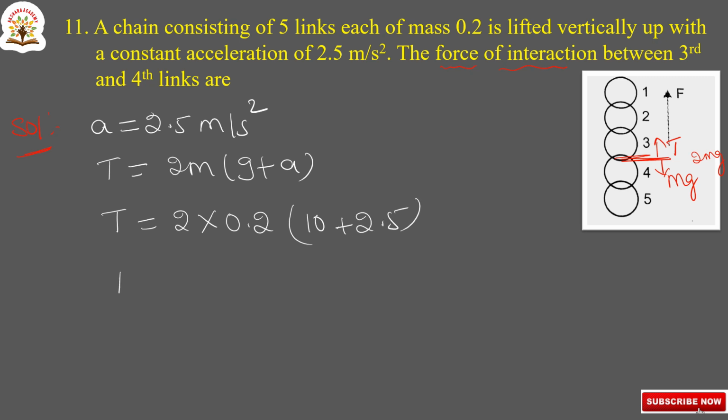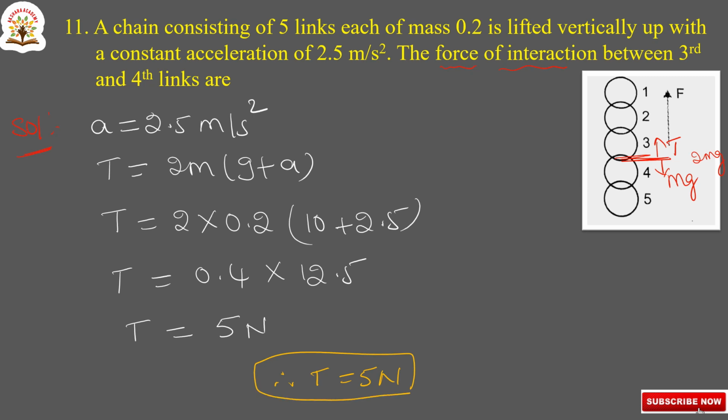So T is equal to 2 into 0.2, 0.4 into (10 plus 2.5), 12.5. So T is equal to 0.4 into 12.5, it becomes 5 newtons. Therefore, the force of interaction between third link and fourth link is 5 newtons. Okay, next we will go to the next question.